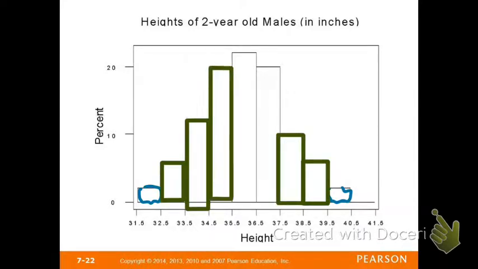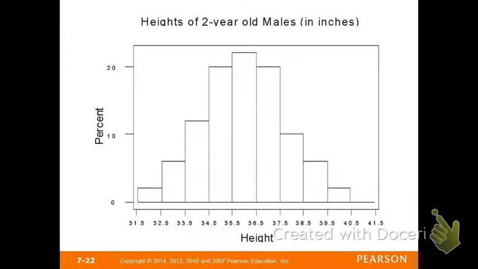These two are about the same size, and then we've got one peak, which is important. So what we've got here is something that is normal, or certainly it's approaching normal. If we had 50 more males in our sample, we would expect the two rectangles that are a little bit off to start getting closer in size to each other.